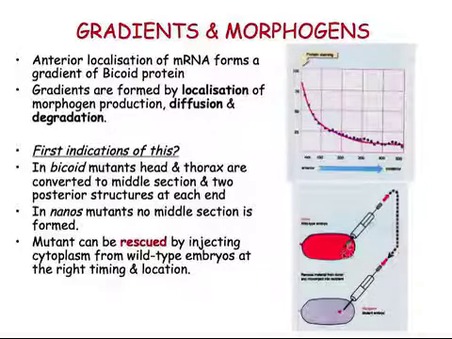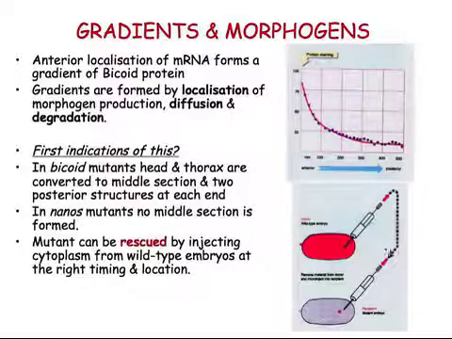When they took a little bit of the cytoplasm from the normal embryo and injected it at the right place, not here, but here, and at the right timing of development, they could return this mutant phenotype into a normal phenotype. So they rescued the phenotype. That told the researchers straight away it was the location and the timing of expression of this factor that rescued the phenotype from a mutant to a normal phenotype.